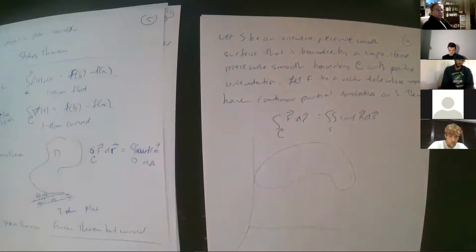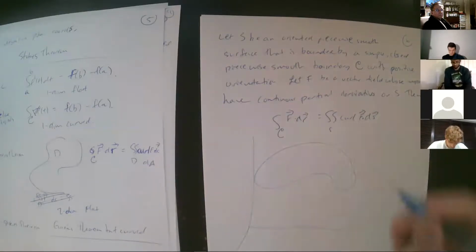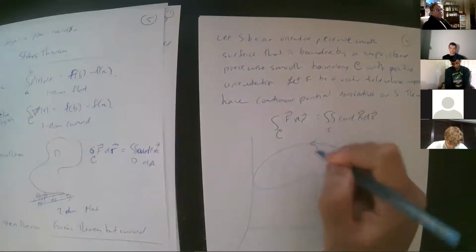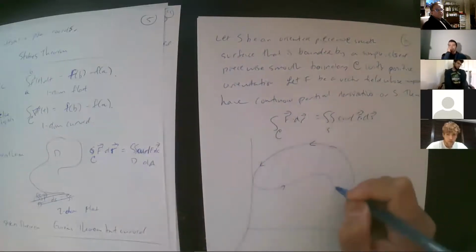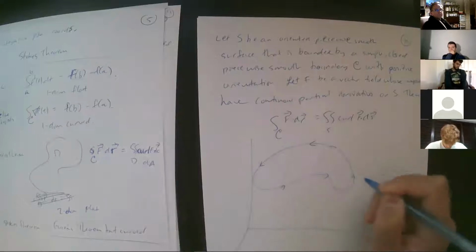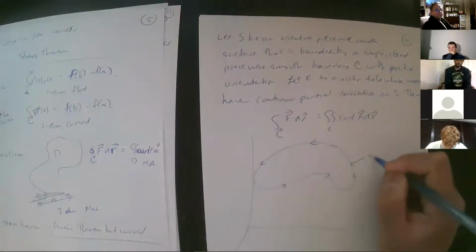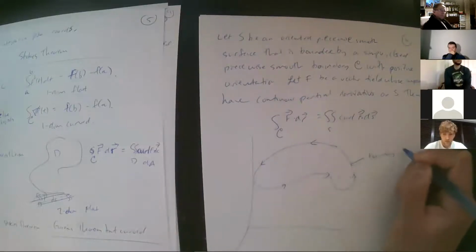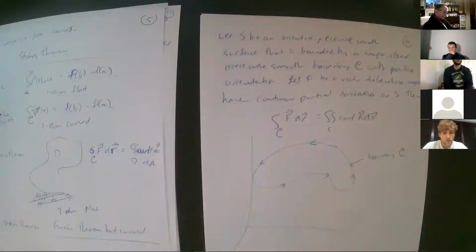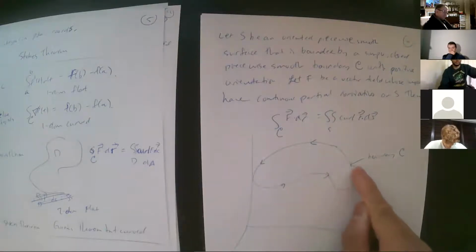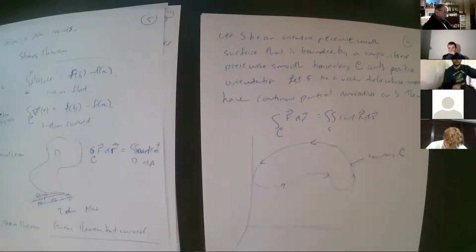It's smooth, it's one piece, and the boundary, which is this curve right here, boundary C. This is the positive orientation, right? Because if I travel along the curve, my surface is inside, correct? It's to the left of my point.